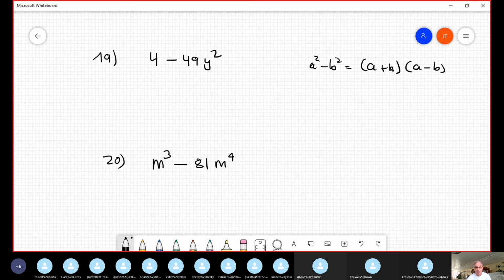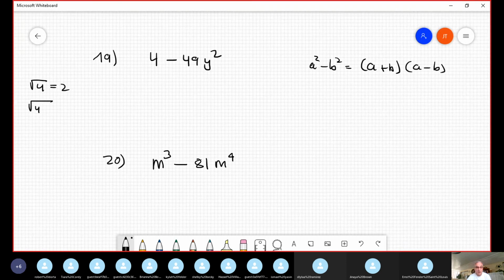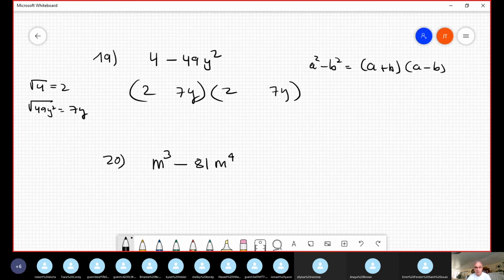But who is a and who is b? Well, square root of 4 is 2. And square root of 49y squared is 7y. So you open two parentheses, 2, 7y, plus or minus. Option D.